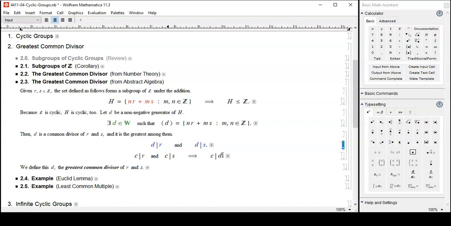And finally, if there's another common divisor, then that common divisor divides D. So C divides R and C divides S, then C divides D as well.